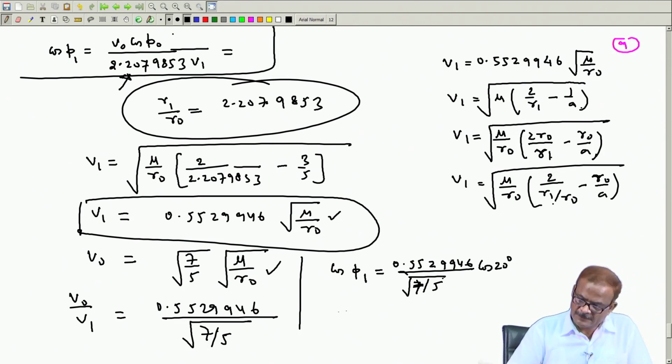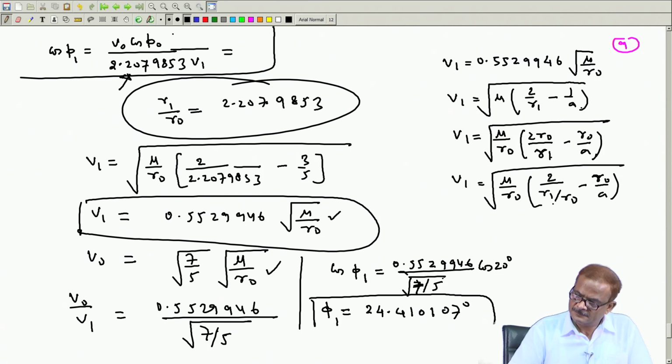If we insert this value, since the flight path angle never exceeds 180 degrees, you get the correct value from here. So phi 1 turns out to be 24.410107 degrees.